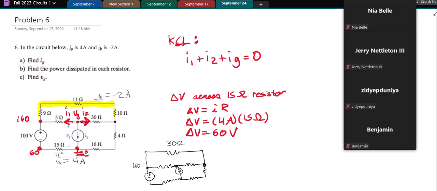And so we have that this is 160 volts right here, and we know it's negative 2 amps going through this one. So the change in voltage going across this resistor is delta V equals negative 2 times 30 equals negative 60.